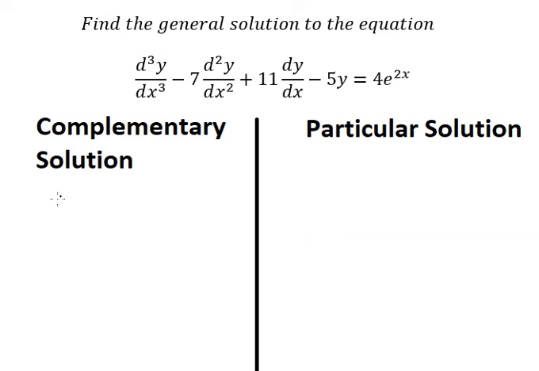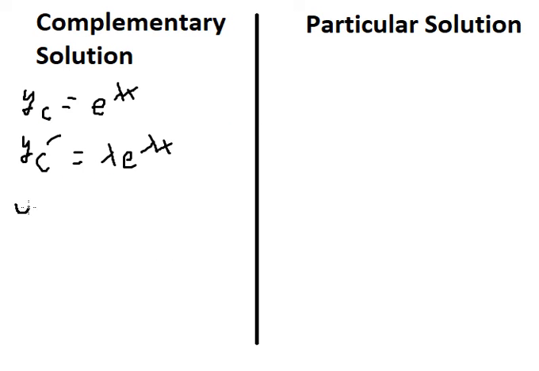In this situation, I will put about yc. And this one we have e to the power of lambda s. So if we do first derivative, we have lambda e to the power of lambda s. If we do second derivative, we have lambda square e to the power of lambda s.